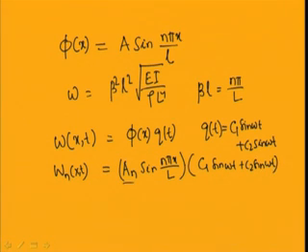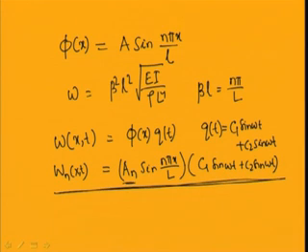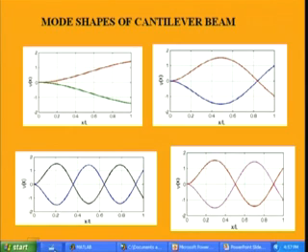This a n term is arbitrary, so you can normalize it to get the actual value of a 1. Let me show the simulation for this. You can write this expression and simulate this value. So let us do the simulation for this case.